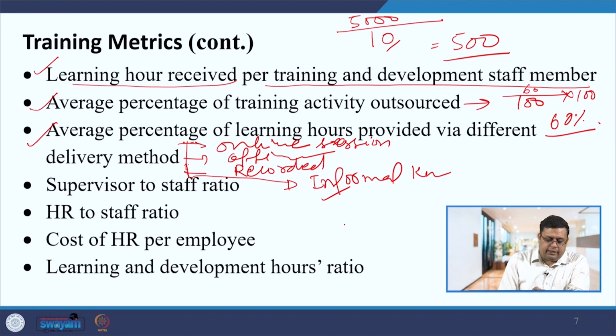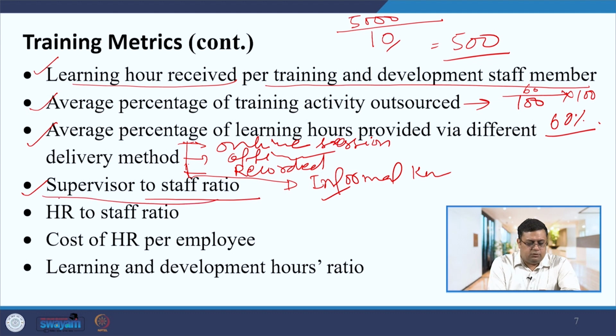Next, you can calculate the supervisor to staff ratio. Basically, you need to understand the span of control, because this data will give you an idea of how many people can be trained at a time inside the organization.